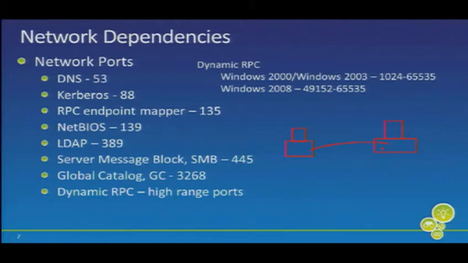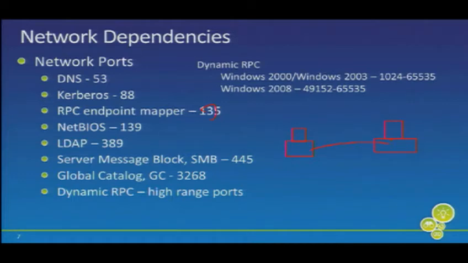So it tries to contact this domain controller, or maybe a server or computer, anything. It puts a request on port 135. This is the three-way handshake that happens.